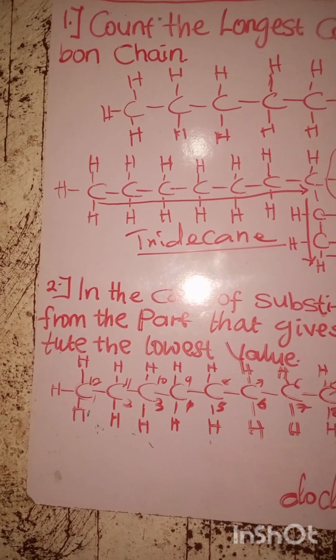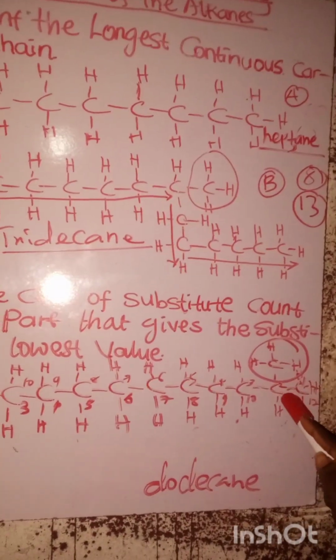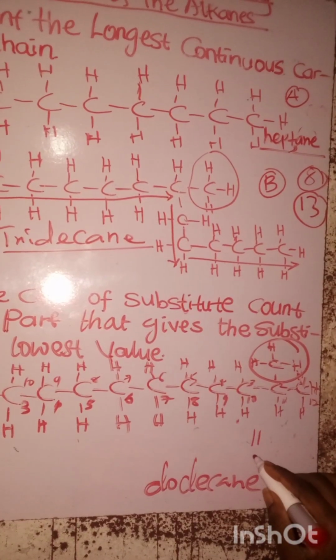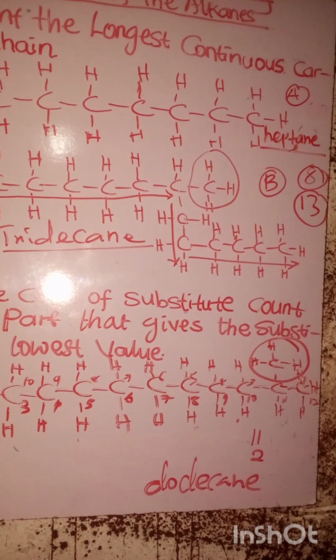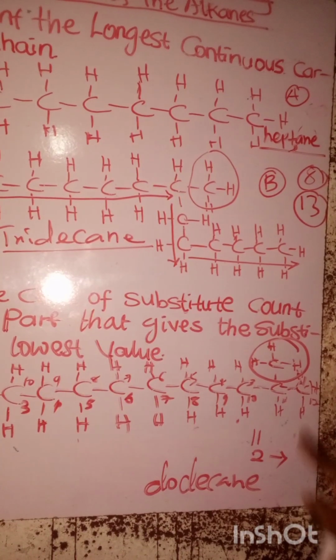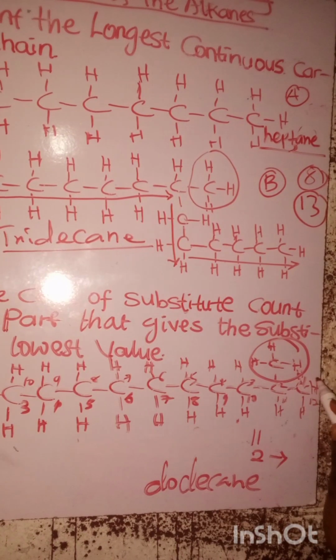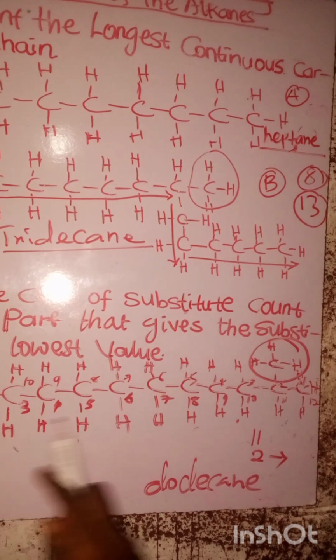We found out that our substituent is located at carbon number 2. So now carbon number 11 and carbon number 2, which has the lowest value, is carbon number 2. So we'll number from the part that gives the substituent the lowest value. So we are going to count from this part, not this part.